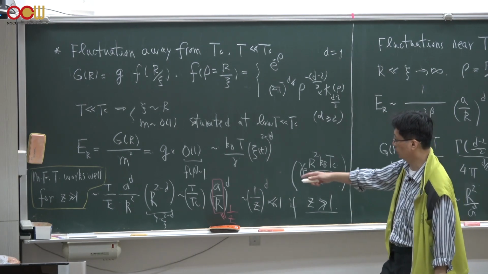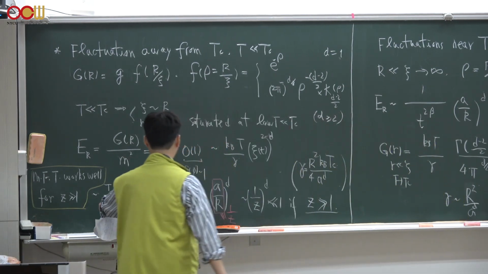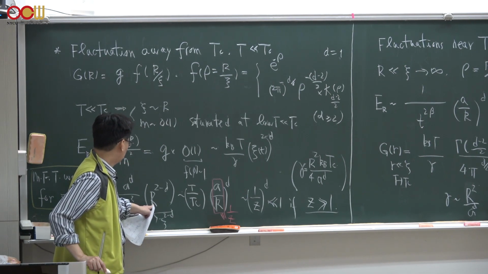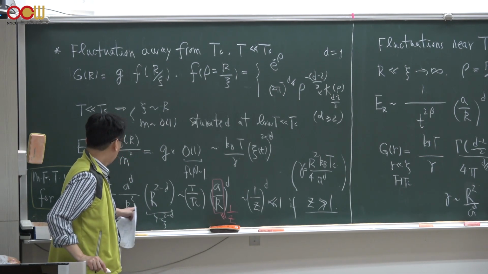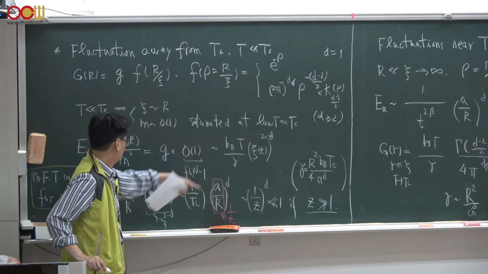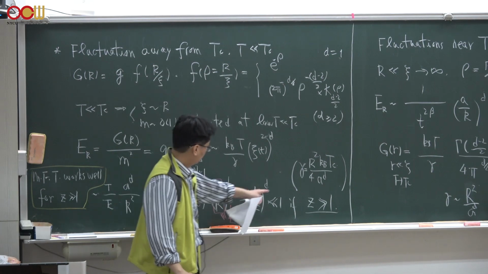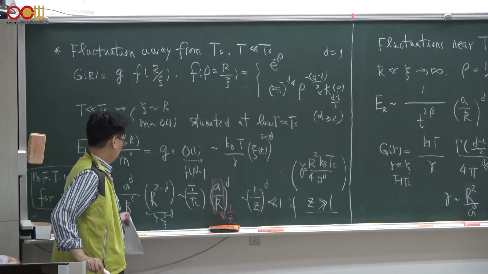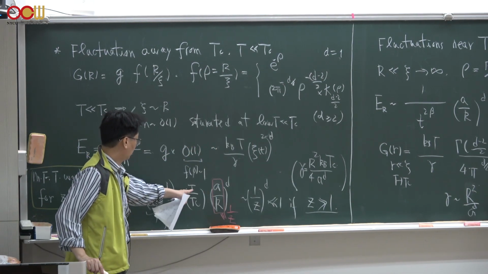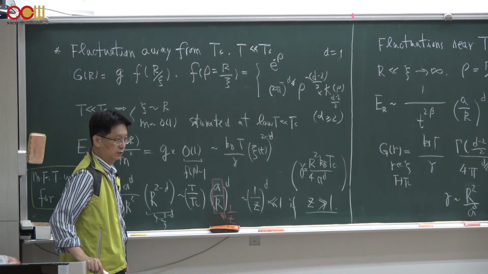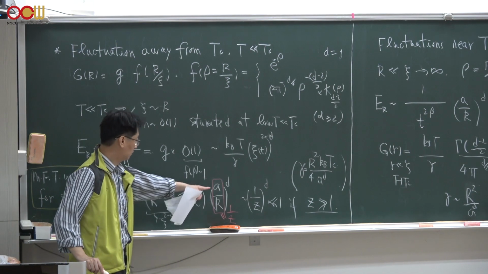So you could simply plug in this correlation length as the interaction range, and plug in all these prefactors, say gamma, which we just calculated a moment ago, and this is of the order of T over Tc times little a divided by the range of interaction capital R to the power of d.